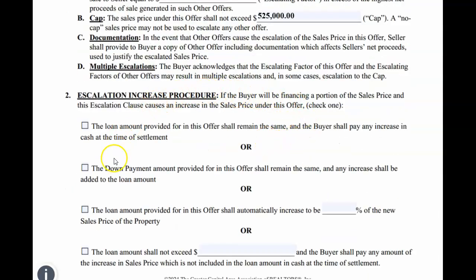So then there's a procedure here. What happens if you are financing? Are you going to continue to keep the same financing and put more cash in, or are you going to adjust the loan, and so forth? Most often people check that the loan amount automatically adjusts to whatever the down payment amount is.